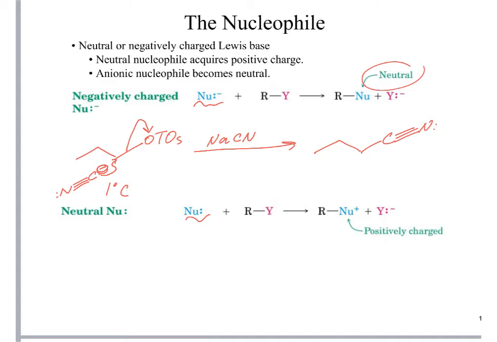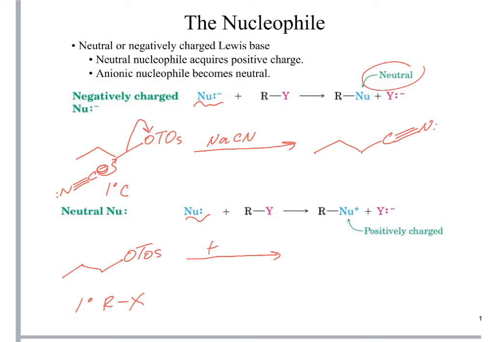If the nucleophile is neutral, such as ammonia, NH3, or water, so let's again try a primary alkyl tosylate, and let's react it with a neutral nucleophile, which can, for example, be a co-solvent, or it can be ammonia.